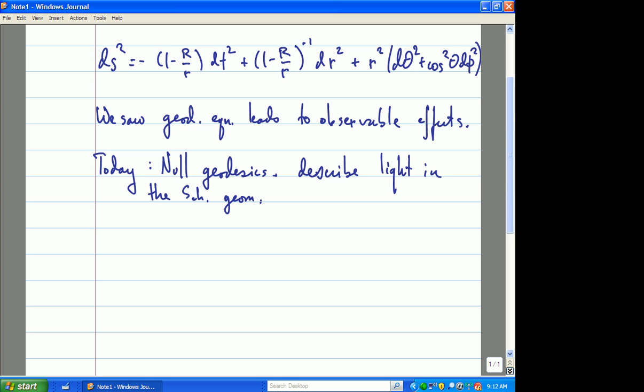So we wish to study the motion of light in the solar system where we take into account the fact that space-time has curvature. Now, sometimes people say, loosely speaking, that light has mass. There's a sense in which this is true.